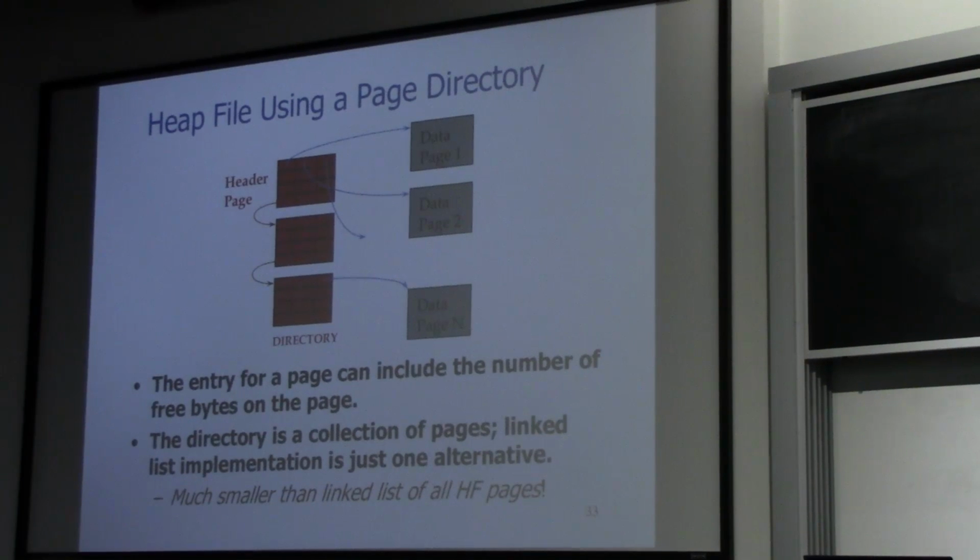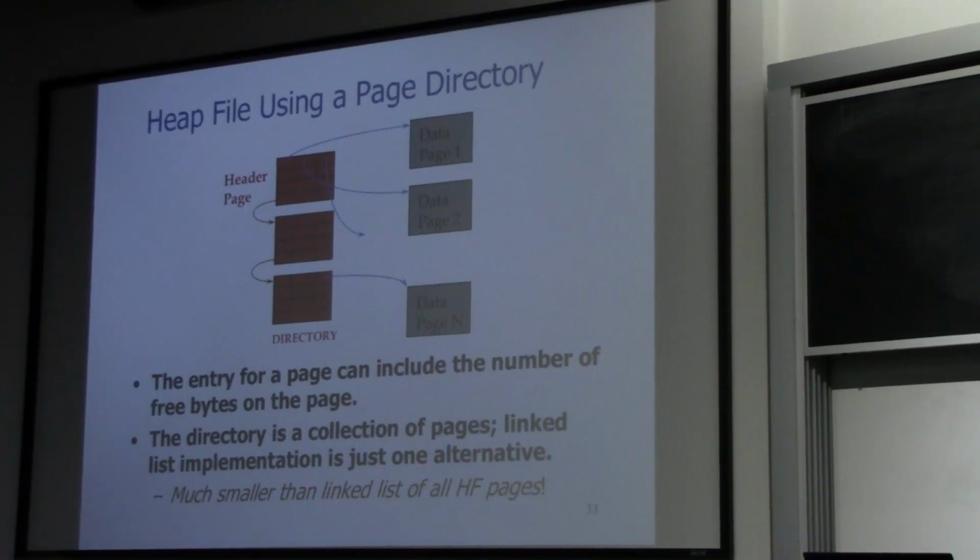Rather, my pages in a heap file can be anywhere on disk. I don't care where they are. But somehow I need to enable random access to all these pages. Right? I need to figure out where they are and remember that information. So the way you do that is to introduce what we call a metadata directory for each page.